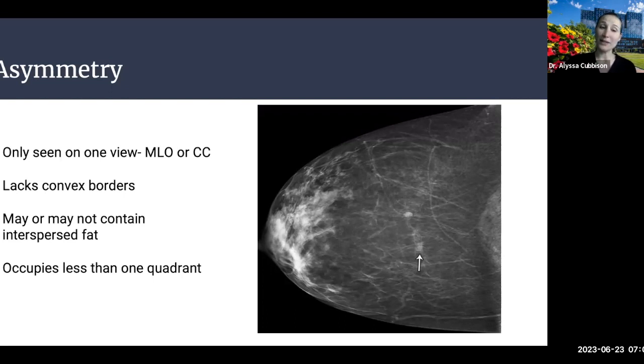It may or may not contain interspersed fat. Usually, if we are seeing interspersed fat, then that helps us lean a little more towards it just representing normal parenchyma that's in somewhat of a discrete pattern. But in general, it doesn't have to or not have that interspersed fat. And then it also occupies less than 1 quadrant.